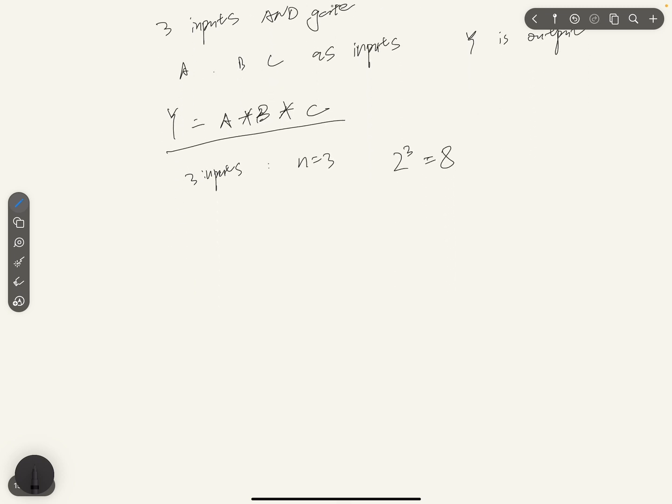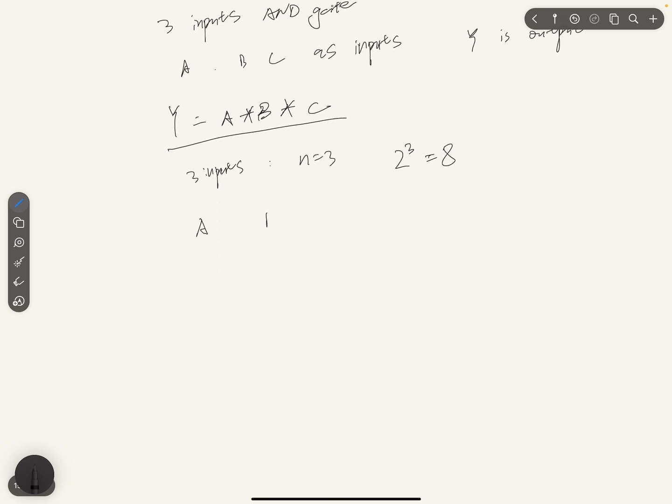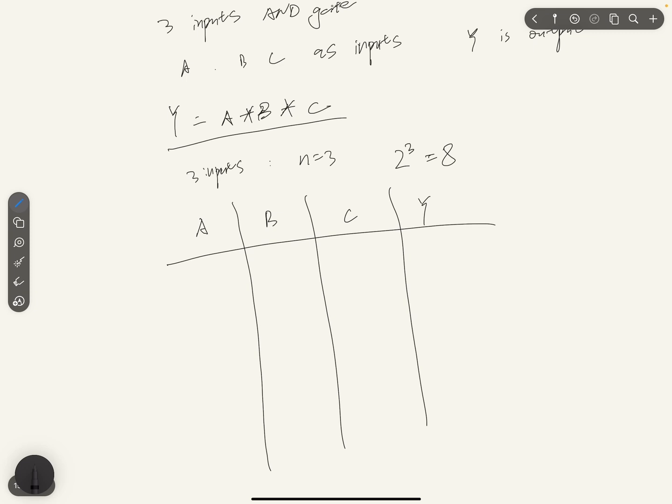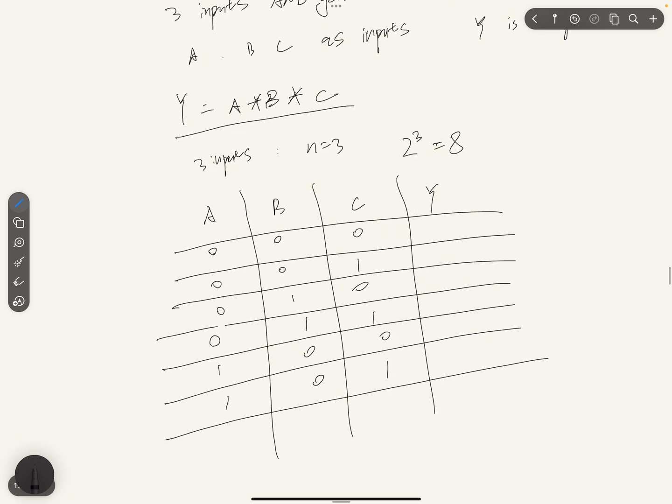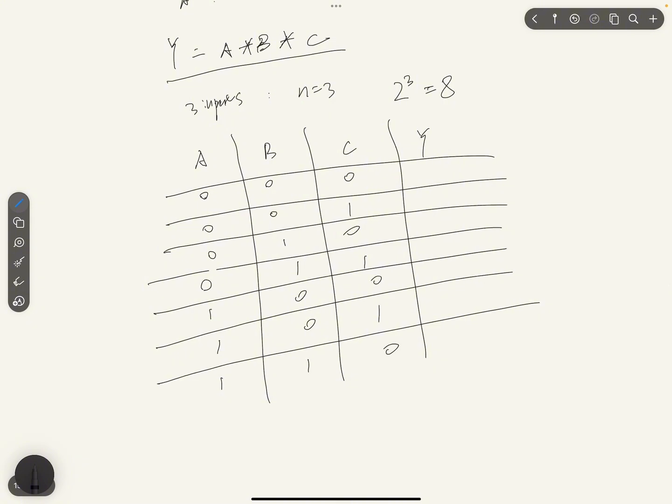Same thing, we start from 0. So let's just put a table here, A, B, C, Y. Just get going. So we'll start from 0, 0, 0, 0, 0, 1, 0, 1, 0, 0, 1, 1, 1, 0, 0, 1, 0, 1, and 1, 1, 0.